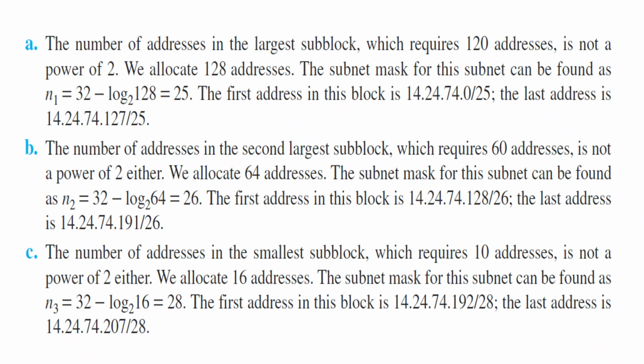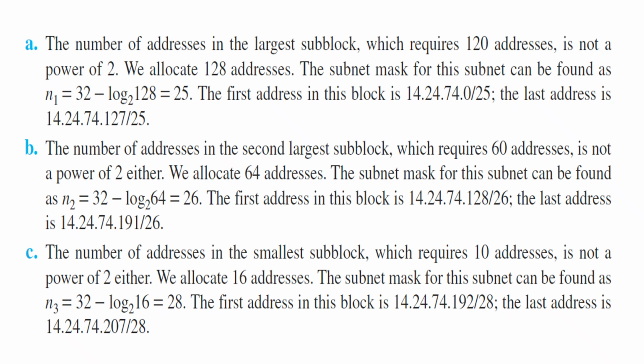So the first address in this block is 14.24.74.128/26, and the last address in this network is 14.24.74.191/26.